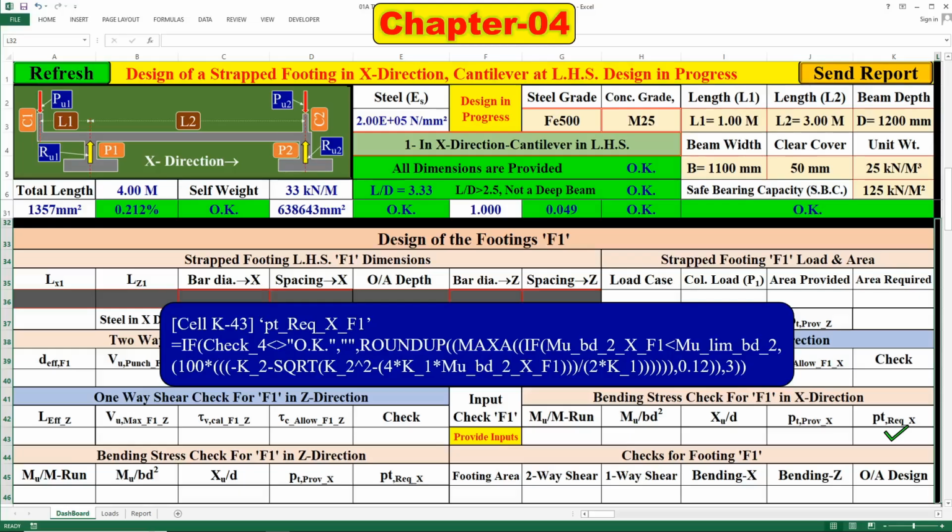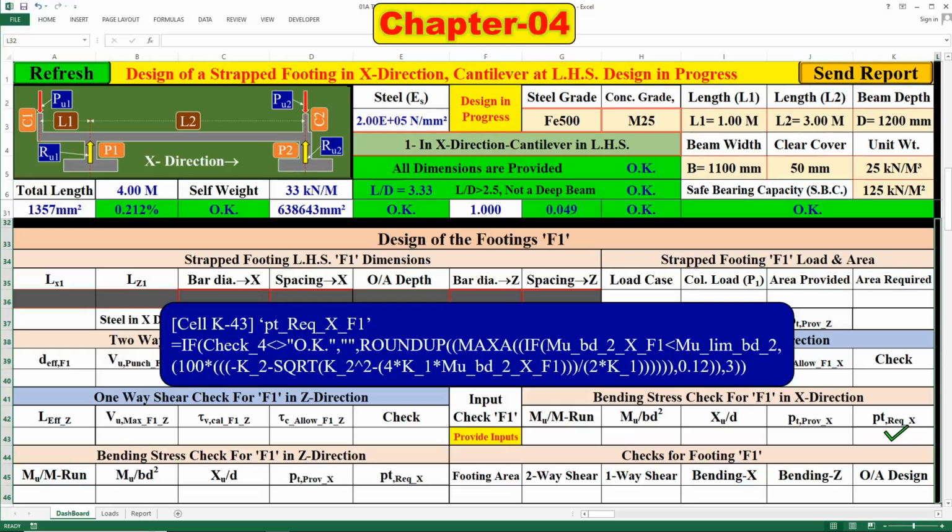Otherwise, Excel will calculate the value of the percentage of steel required. To understand how this works, let's look at the Excel function MAXA, which finds the largest value among its arguments, treating any logical values or text appropriately.